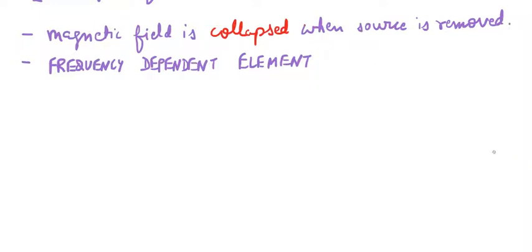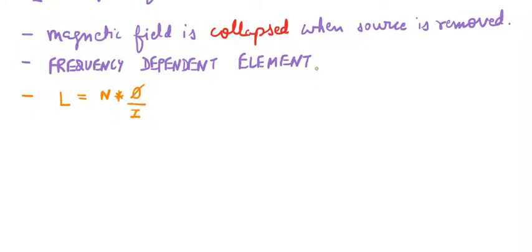And inductance is the flux linkage per unit current. That means L, inductance, is equal to N into phi, where phi is the flux, divided by current.